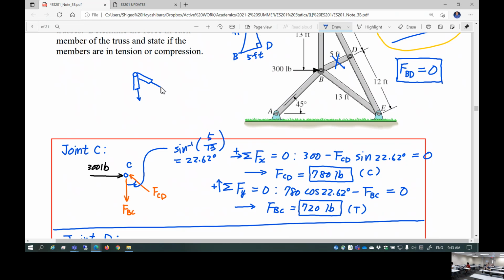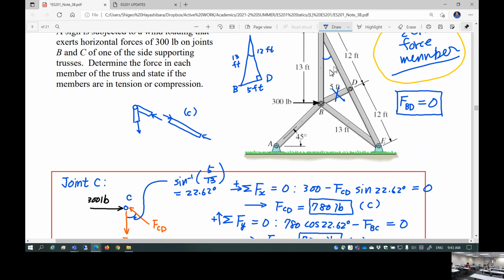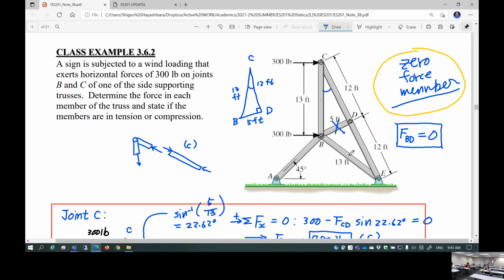This is FCD. You know that. Now, if you introduce the other member, an equal and opposite force shows up. We have an internal force. So this is compressive, equal and opposite.